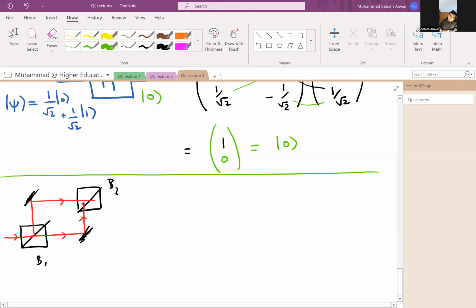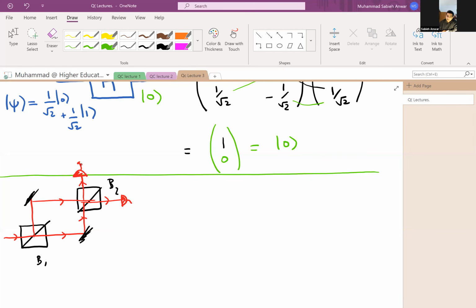The final beam splitter is interfering the two paths. It's interfering the two possibilities. It's creating interference between possibility 1 and possibility 2. You don't look into the possibilities before the beam splitter, rather you put measurement devices at the rear end of this experiment. Now, this is a physical model. It uses real beam splitters and photons.